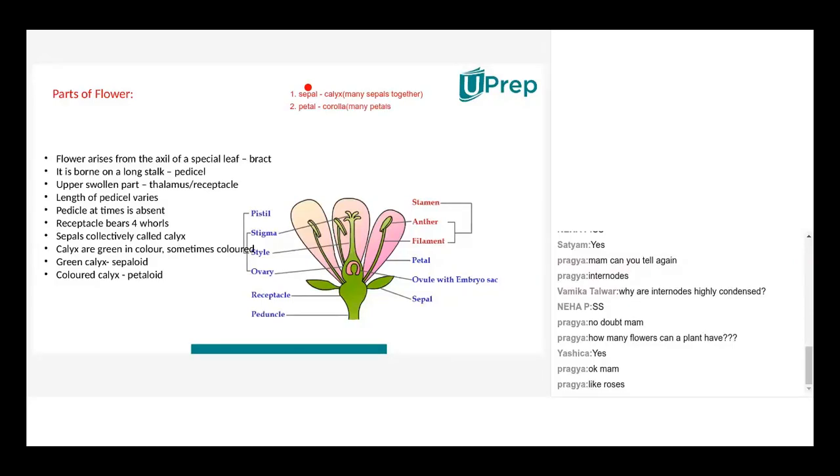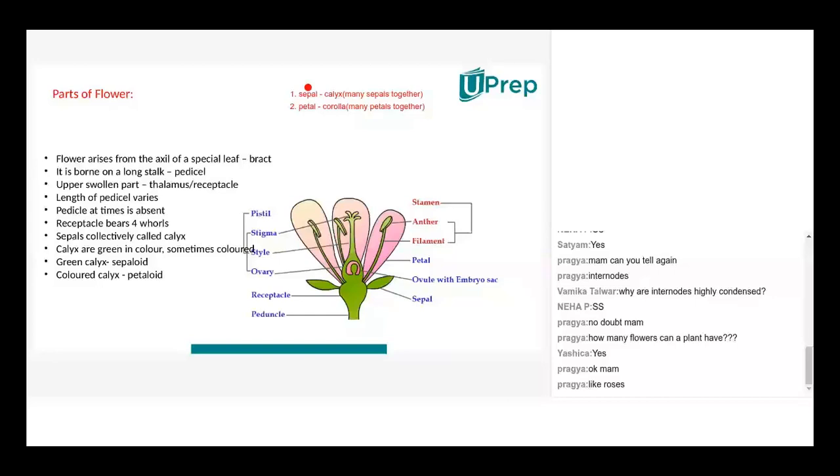I have a doubt. Yes, please ask. You said that sepals are always green, so over here it's written colored calyx. A calyx is a collection of sepals, right?